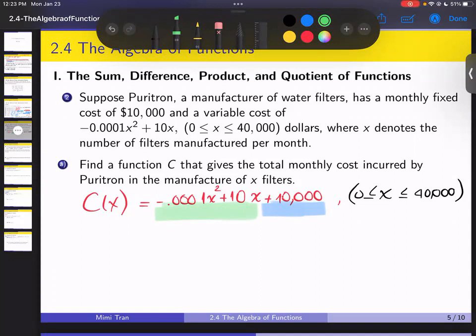So one filter, you plug in 1 for x, 2 filters, 3 filters, up to 40,000 filters per month. So that's your cost. How much you pay for running x filters.